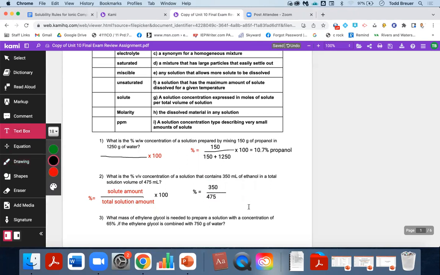You would take 350 divided by 475 times 100, and you'll get an answer. So 350 divided by 475 times 100, we get 73.7. And that's percent. In this case, the solution is ethanol.